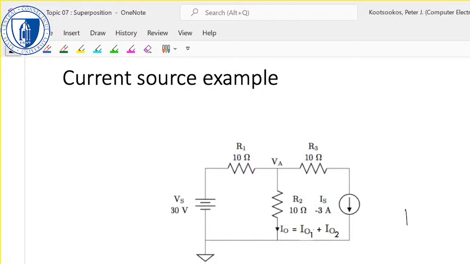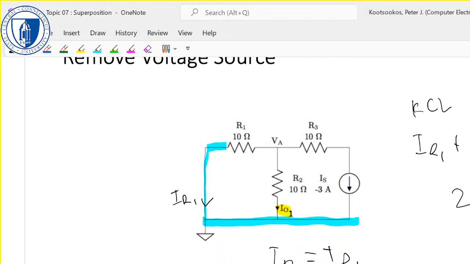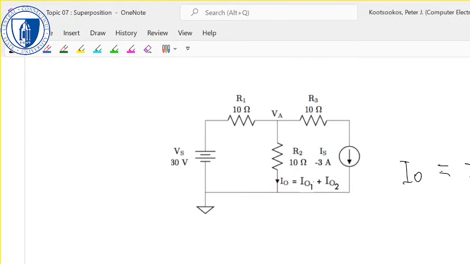So the total IO is just IO1 plus IO2, and I've forgotten what they were, but both 1.5, I think. Yeah, 1.5 plus 1.5 equals 3.